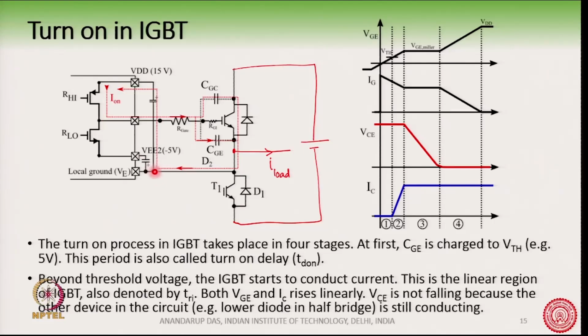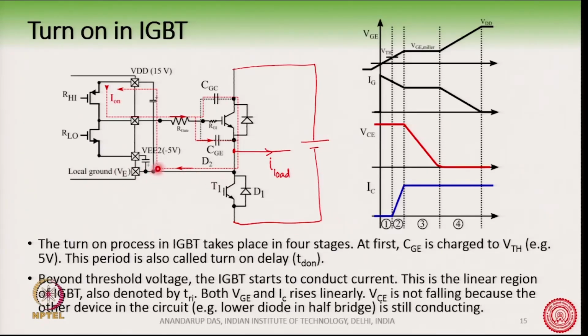This point here is what we call a local ground. This is basically connected to the midpoint, or to the emitter of this IGBT. So, this is a local ground, it is completely isolated from the controller ground. We assume that this point's potential is 0.